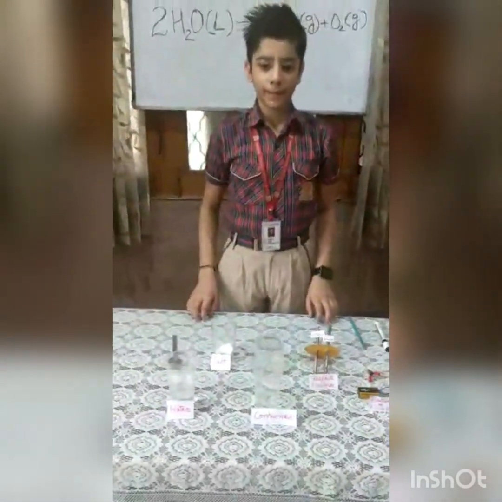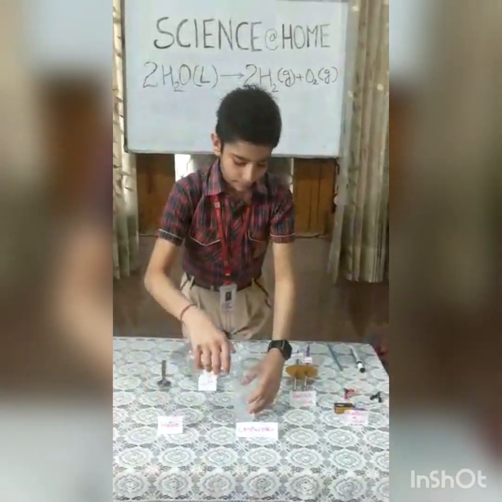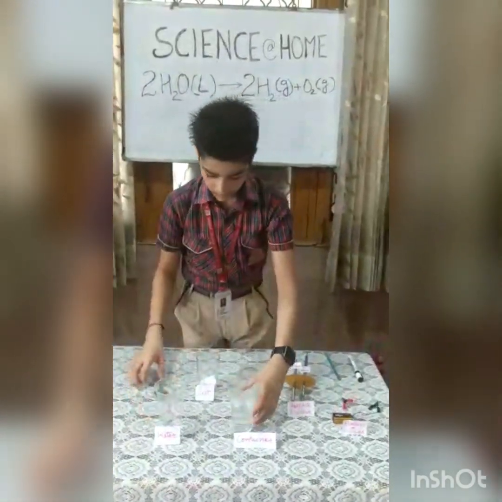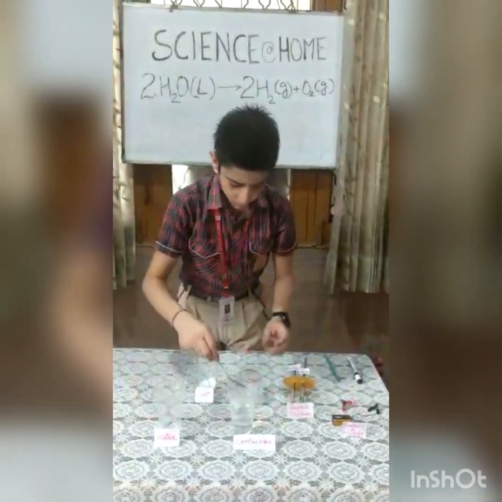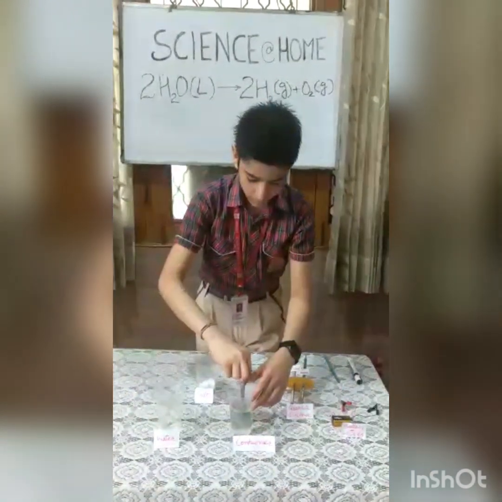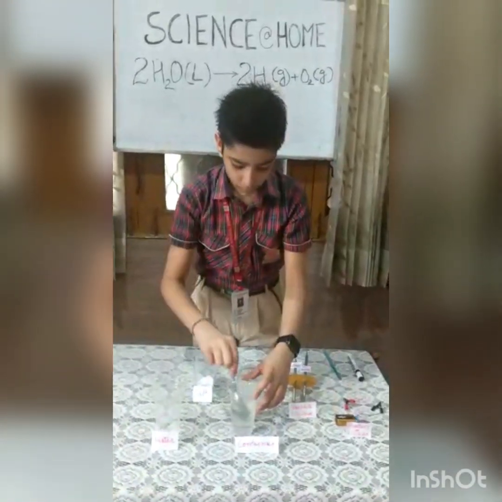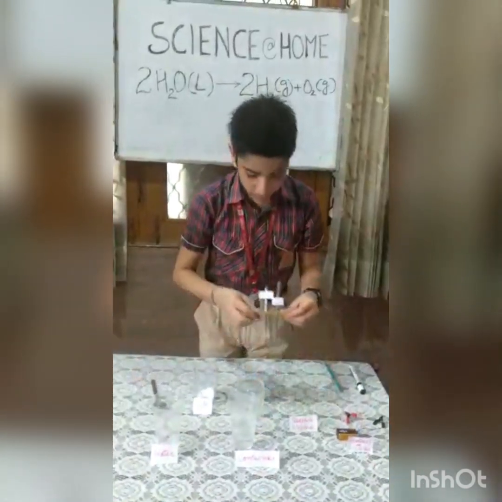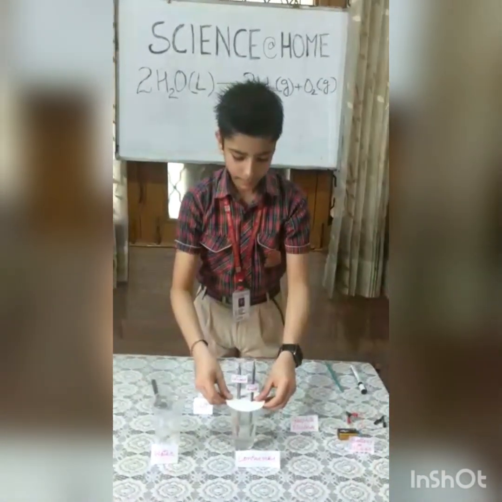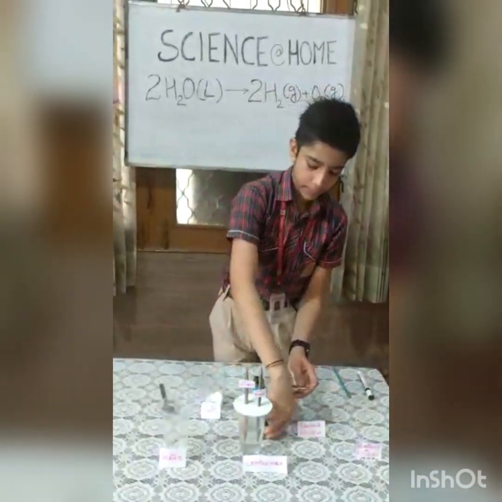Let's start with the experiment. Take a container, put water, add a pinch of salt, put graphite electrodes into it, and then connect them with positive and negative terminals.